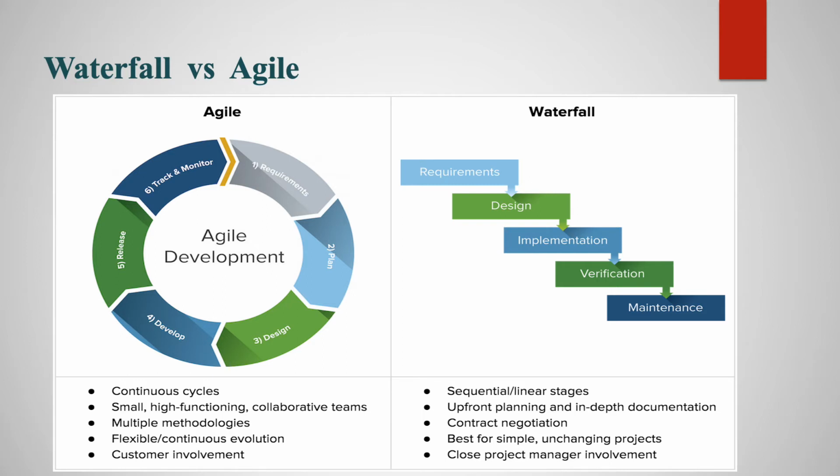Okay, so the waterfall methodology is known as the linear sequential life cycle model. The waterfall model is followed in sequential order, so the project development team can only move to the next phase of development or testing if the previous step was completely successful.